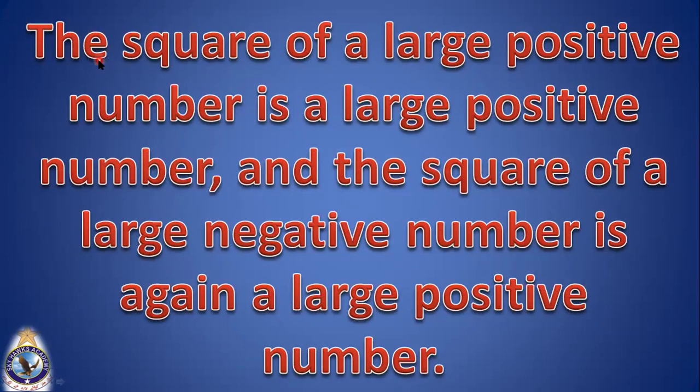But how do we get this instantly, keeping these things in mind? The square of a large positive number is a large positive number, and the square of a large negative number is again a large positive number. This is more interesting because we have a negative x, but we have a positive power, and that is also even. When anything negative or positive is raised to an even power, the minus will vanish. So there is no question of negative.